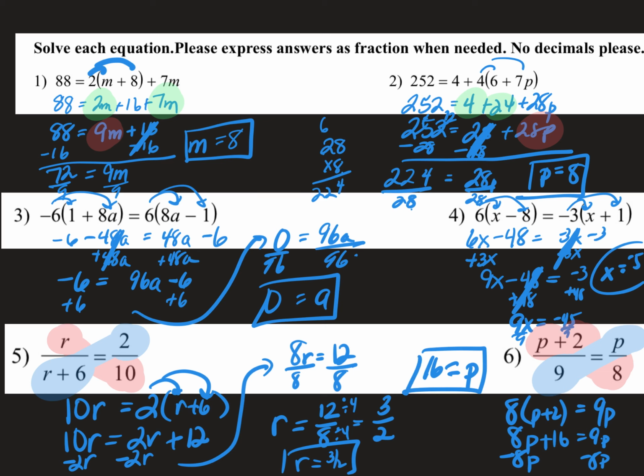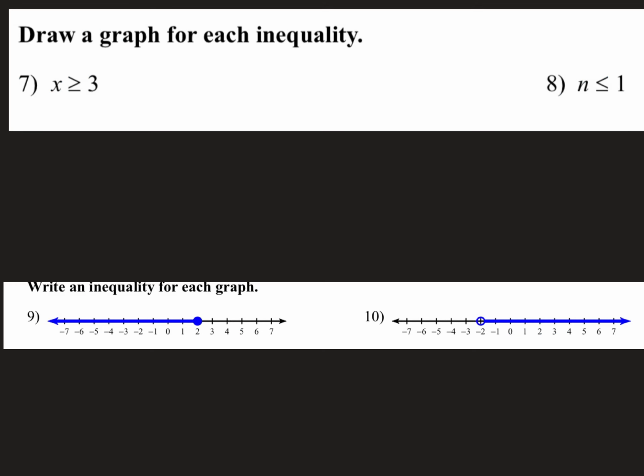I believe the next slide has some review questions also. Yes, we are drawing on a number line. So I'll draw a number line for this one, draw a number line for this one. I will put 0 on my number line, and then I'll put positive 3 because that's the number that's here.